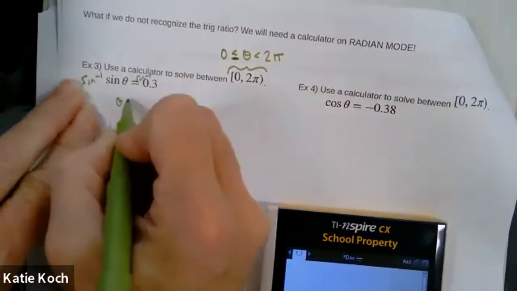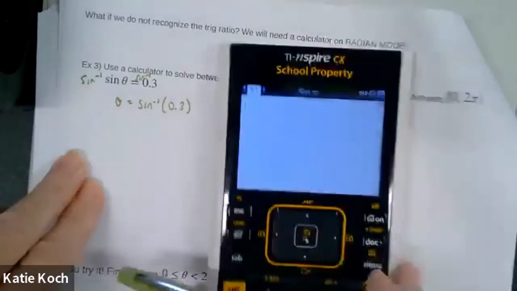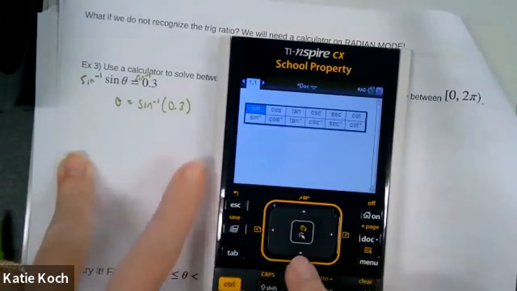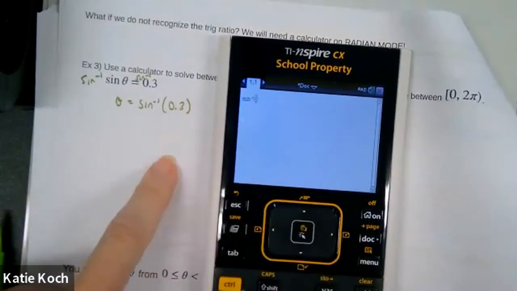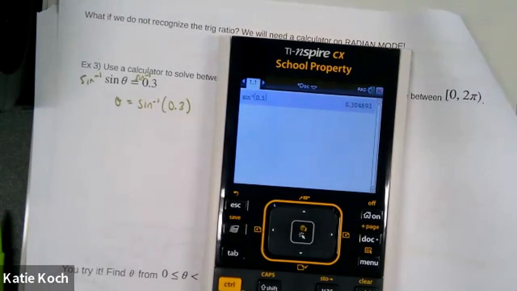We know that from last chapter. If we're trying to solve for the angle, we're going to ask the calculator for the inverse sine. All right, so here we go. I'm on radian mode because of the directions, inverse sine of 0.3. Now the calculator is going to give me this number here. And this number here is a crazy decimal in terms of radians.